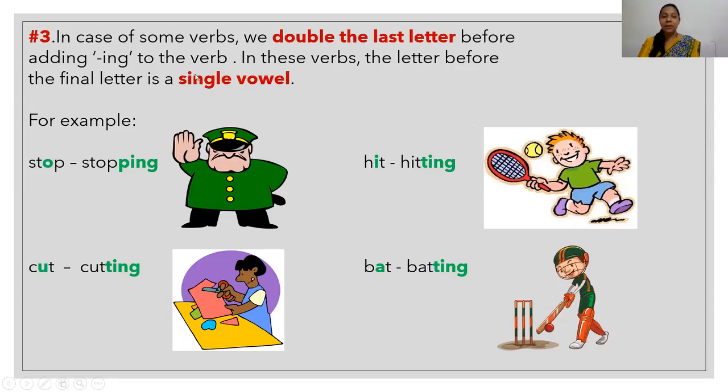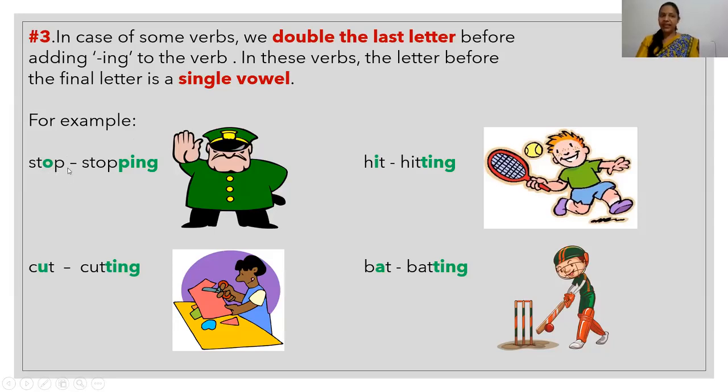Children, this is a very important point. Some of the verbs which have a single, what does single mean? One, which have only one vowel before the final letter. To convert these into their ing form, the final letter is doubled and after that ing is added. For example, stop, S-T-O-P.